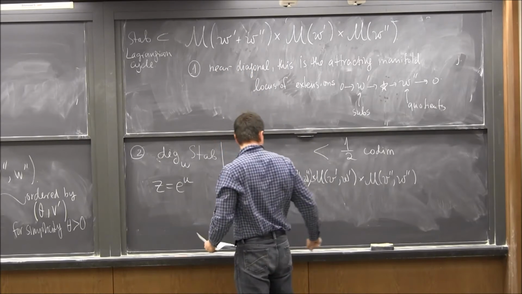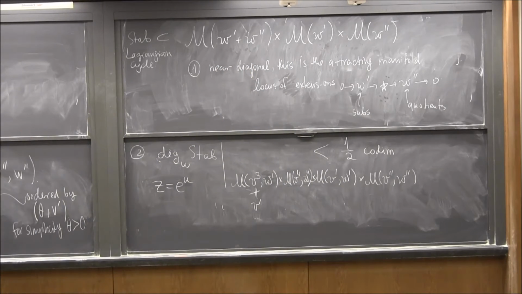And then the R matrix, R of U, in principle depends on everything.